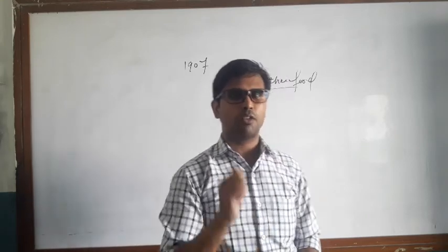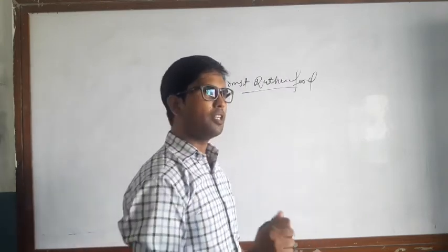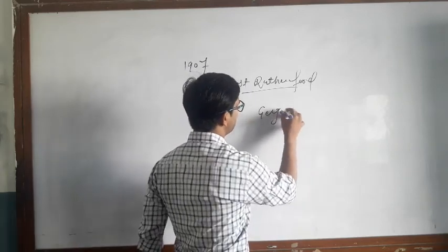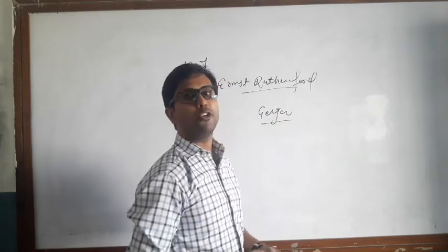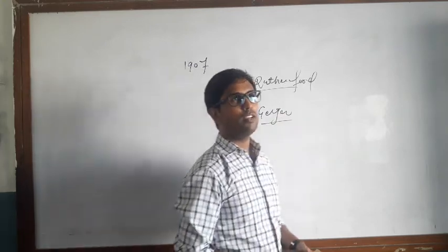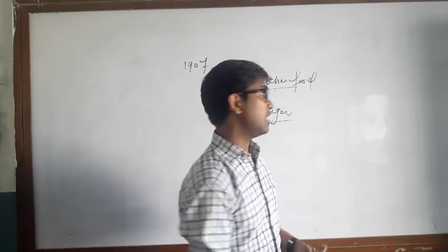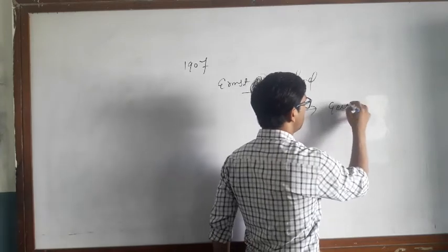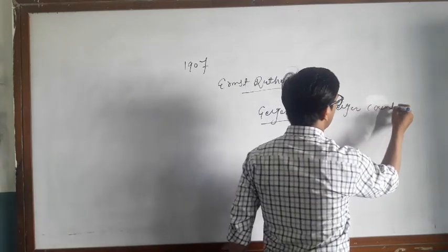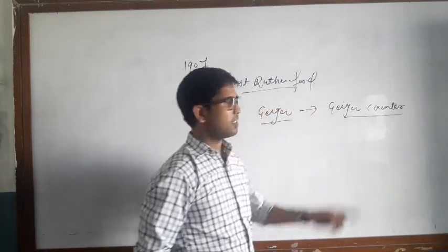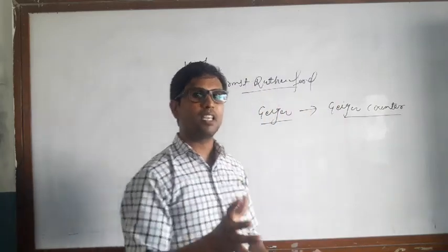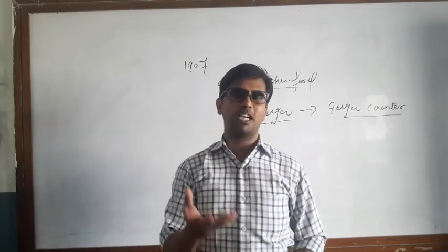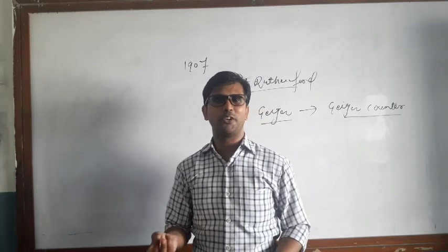He got help from his subordinate experimentalist, whose name was Geiger. You will learn about Geiger in your graduation classes when you study radioactivity, because this man discovered the Geiger counter. This is a device by which we can see the very minute elementary particles of atom, because atom is not actually made only by proton, neutron and electron.